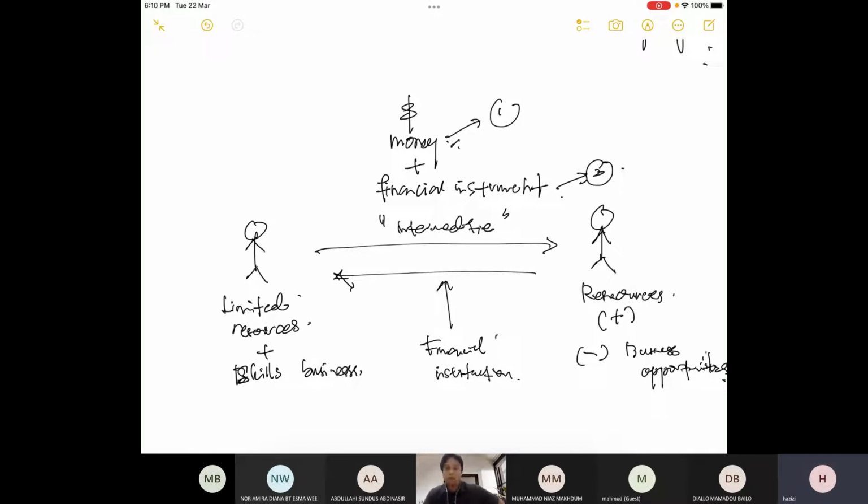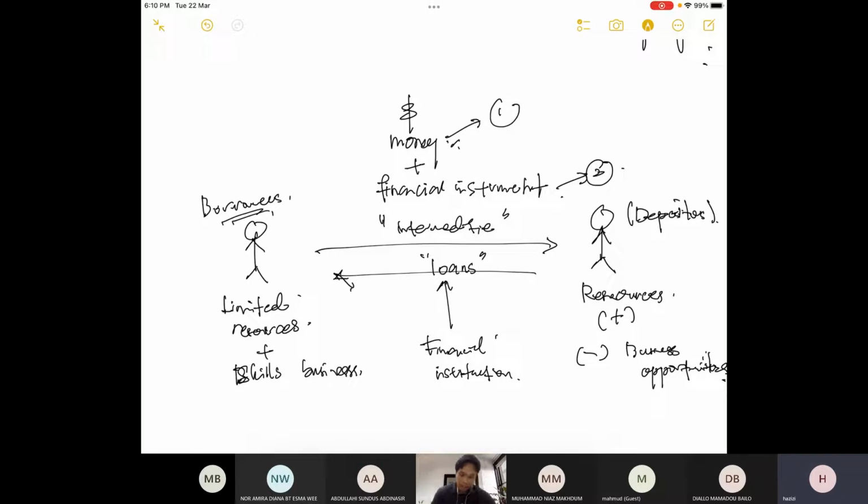In the case of banks, for example, the party with resources is commonly the depositors, where they deposit their money over time, and then the bank will use the deposited money to give out loans. So that's the function of the banks. And this is basically the borrower.